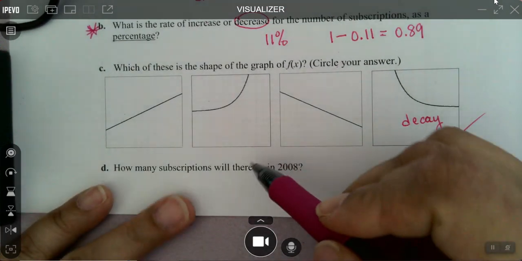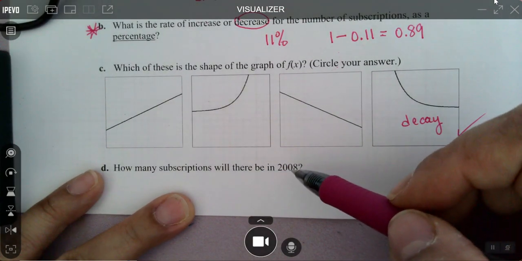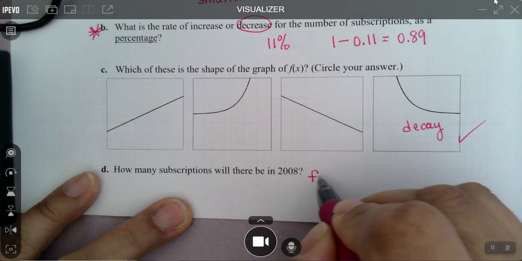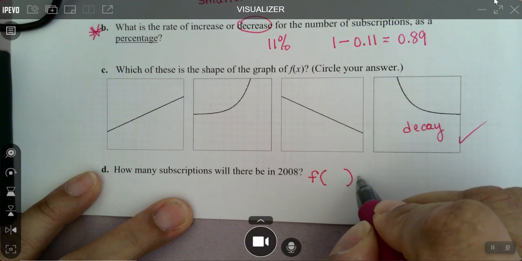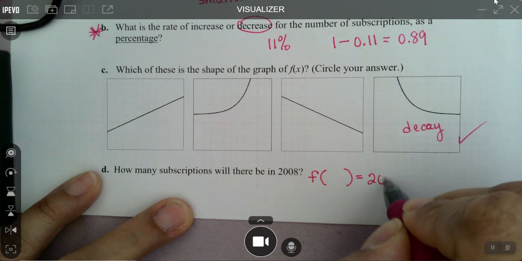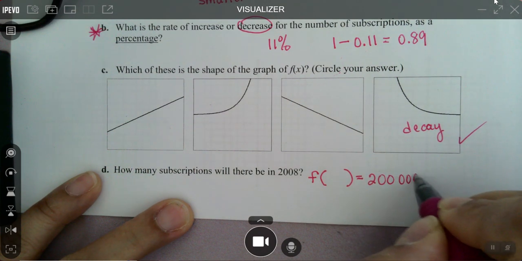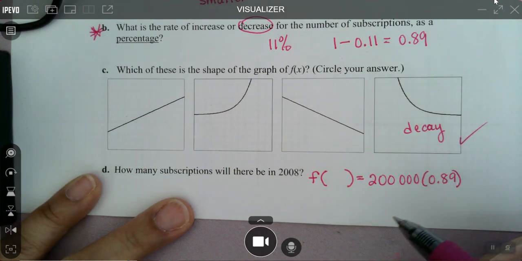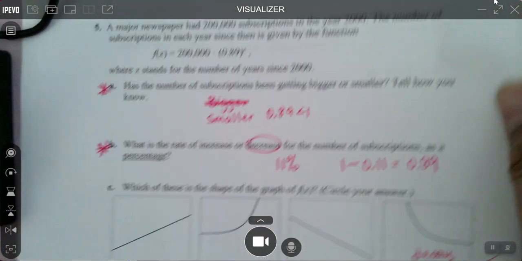And how many subscriptions will there be in 2008? Wait, when was year 0?